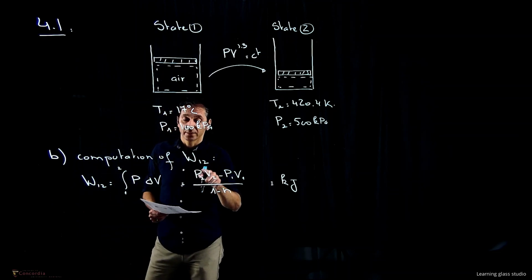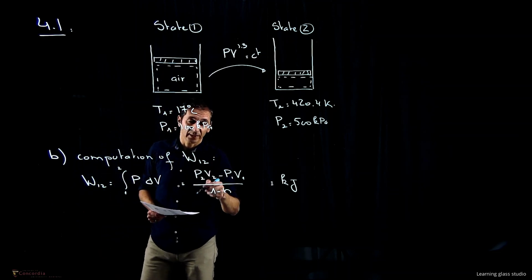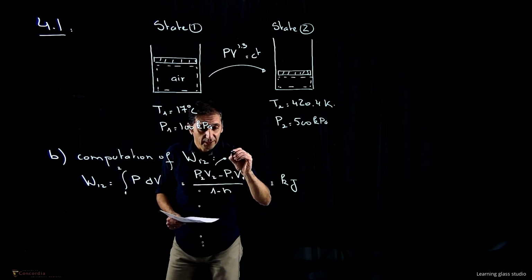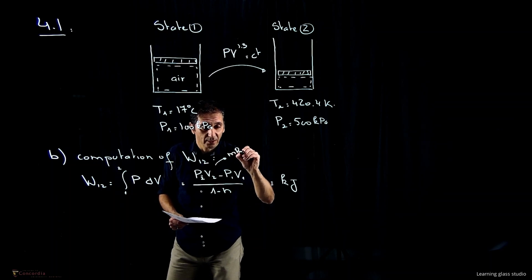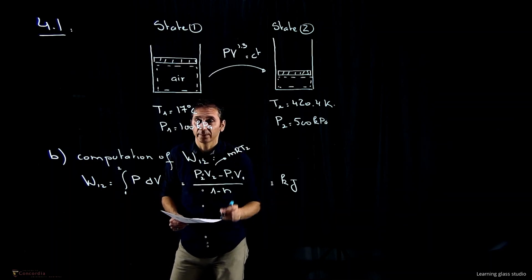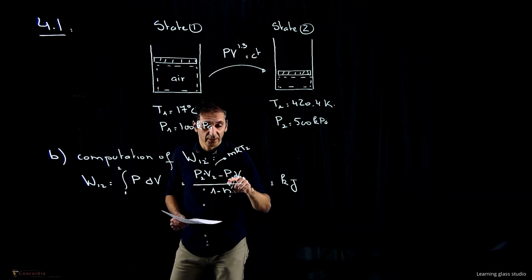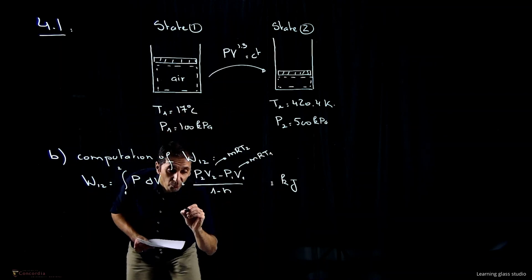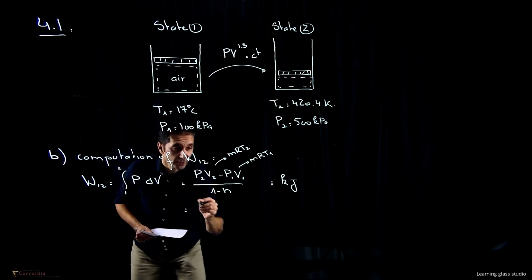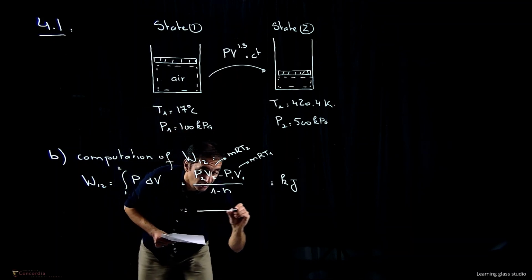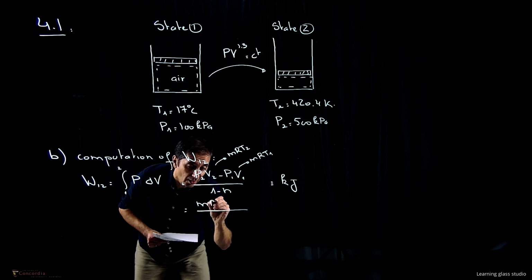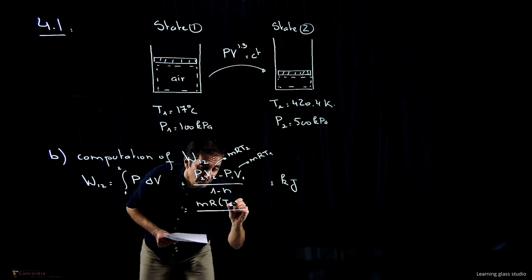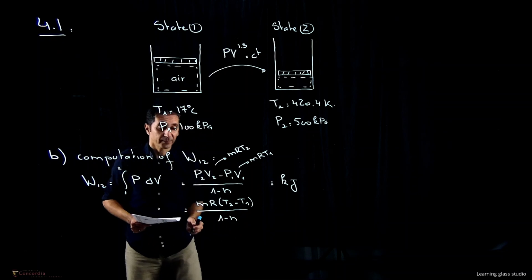Now look at this P2V2. Since this is an ideal gas, we can write it as mRT2, right? And the same thing here, P1V1 is mRT1. So, which means we can write now the work as mR times (T2 minus T1) over (1 minus n).